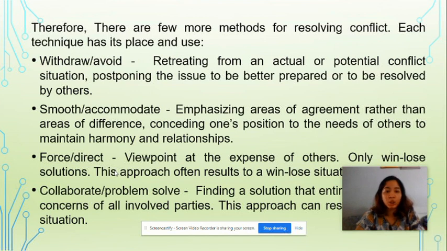And the last bullet is cooperate and problem solve. Finding a solution that entirely satisfies the concerns of all involved parties. This approach can result in a win-win situation.